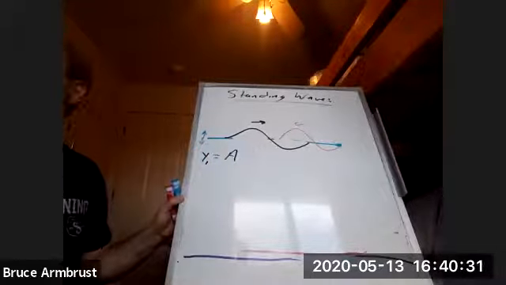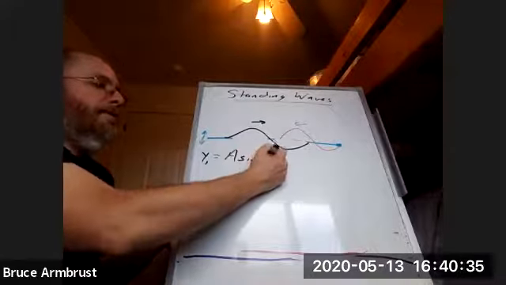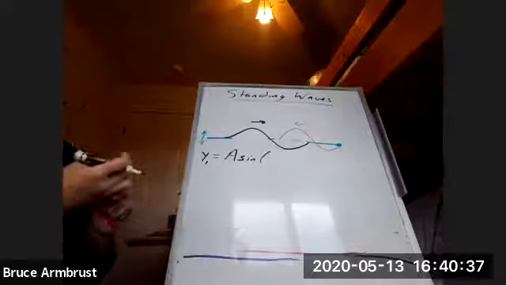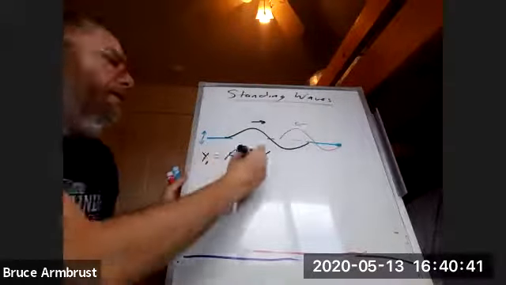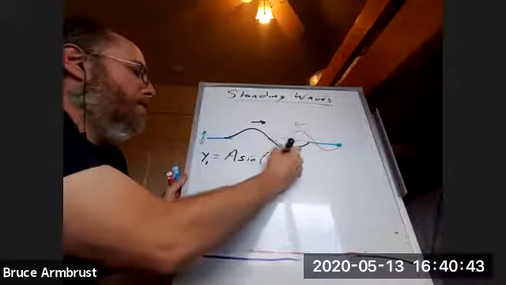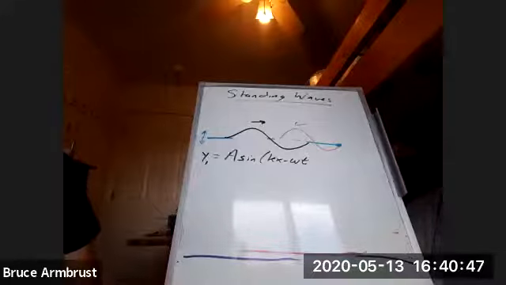It's going to have a given amplitude, whatever amplitude we're setting, and then a sine of kx minus omega t, because it's moving to the left.